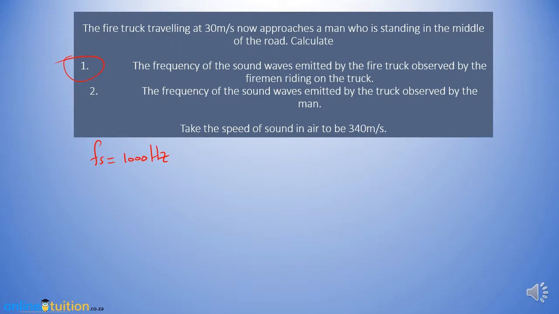So relative to the truck, they are stationary. Does that make sense? So the frequency that the listeners would hear for part 1 would be the same as the frequency of the source, or the siren, which is 1,000 hertz. I think that's pretty clear, pretty straightforward.